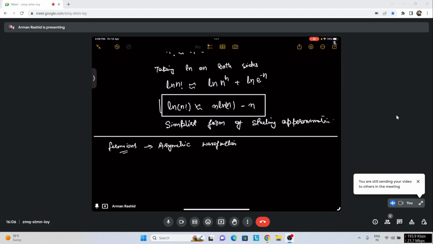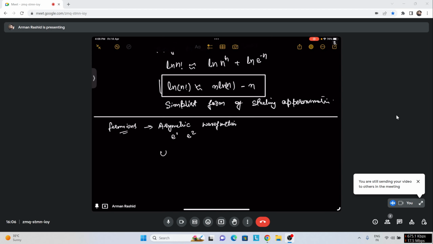What it means is that if we have electron 1 with wave function psi 1, and electron 2 with another wave function psi 2, where psi 1 is at x1 and psi 2 is at x2.